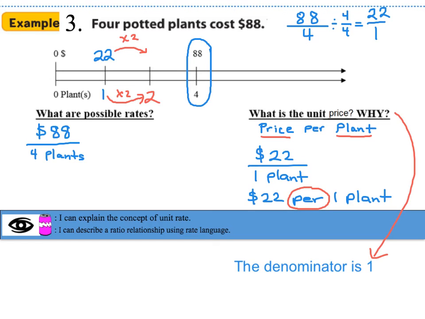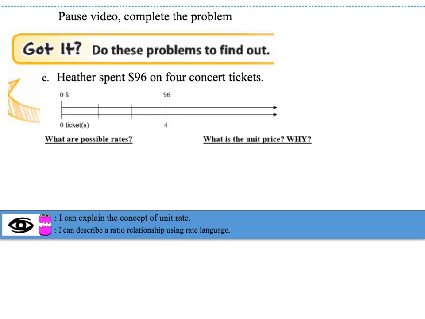So 22 times 2 would be 44. So my rate would be $44 per 2 plants. And that's another possible rate for this problem. So pause the video, complete this guided problem, and we'll discuss the answer in class tomorrow. Please be sure to draw this double number line inside of your composition notebook.